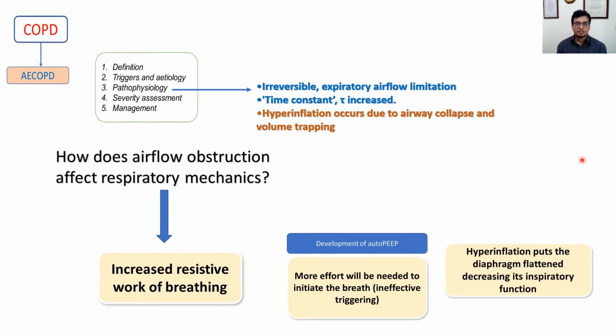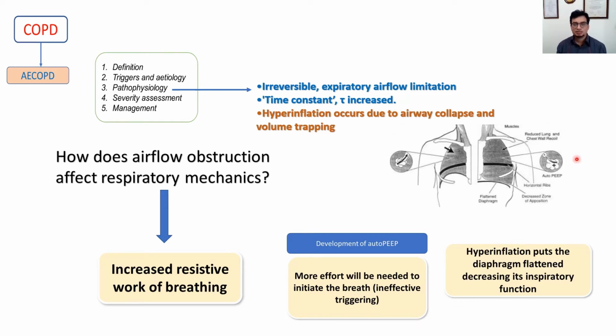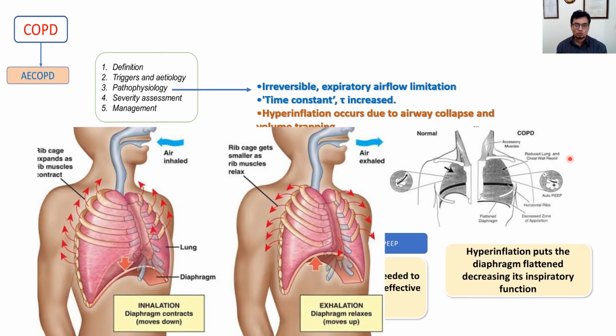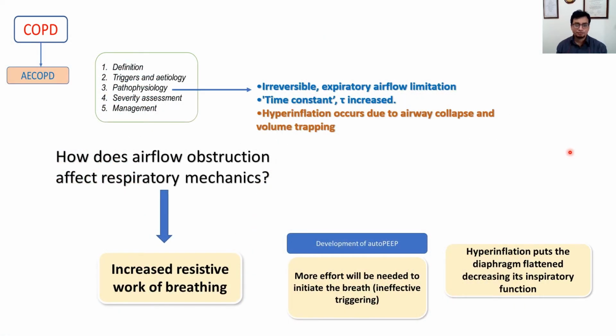Now, in moderate to severe COPD, lung hyperinflation places respiratory muscles, especially the diaphragm, at a significant mechanical disadvantage. That means that the diaphragm has to work more. So what happens in COPD or emphysema, due to hyperinflation, the diaphragm becomes flattened. And because the diaphragm becomes flattened, it can't go down further, and that leads to decrease in the efficiency of breathing.